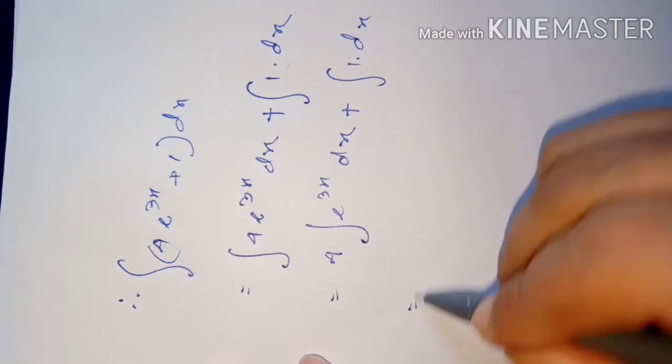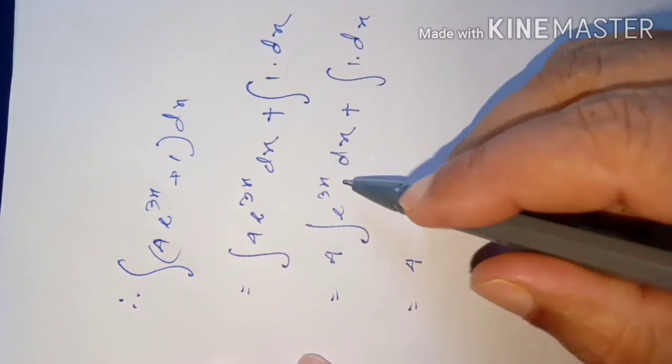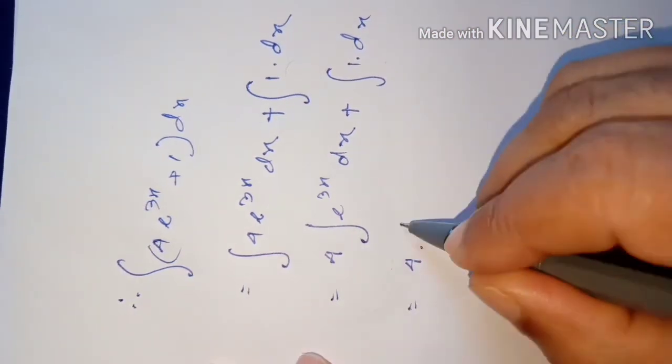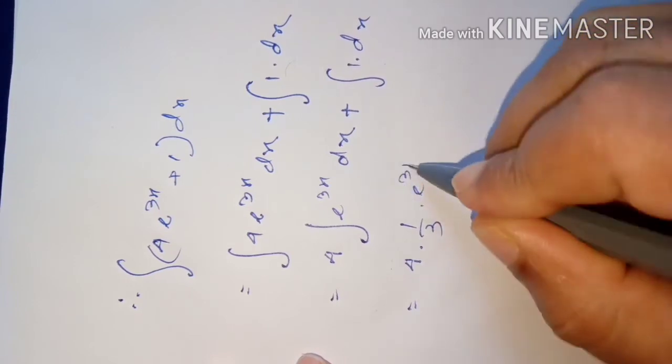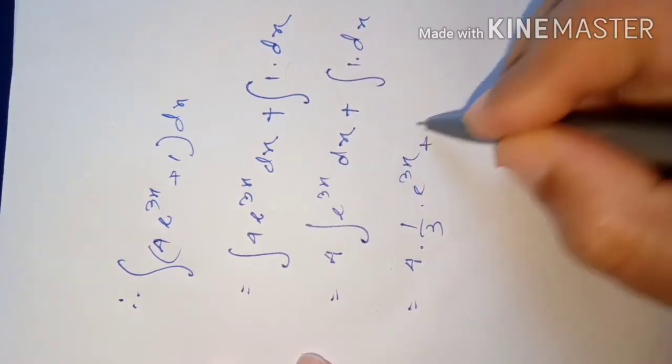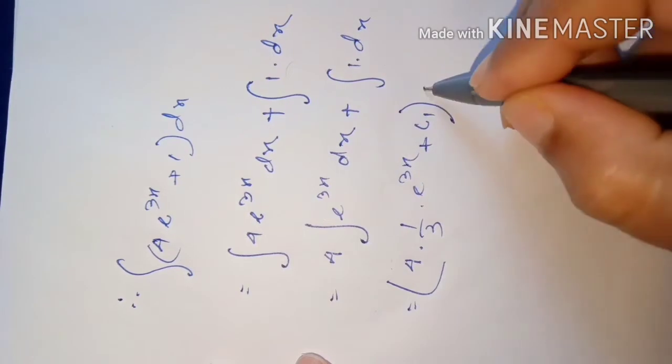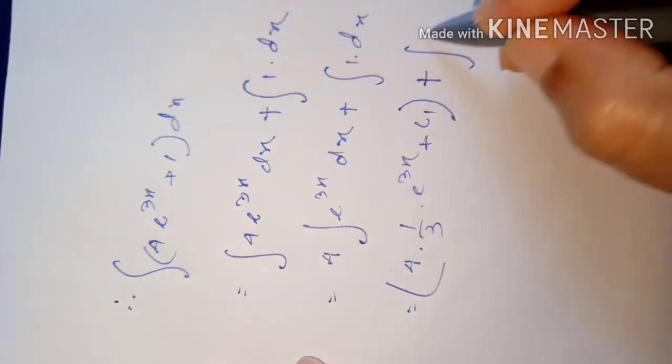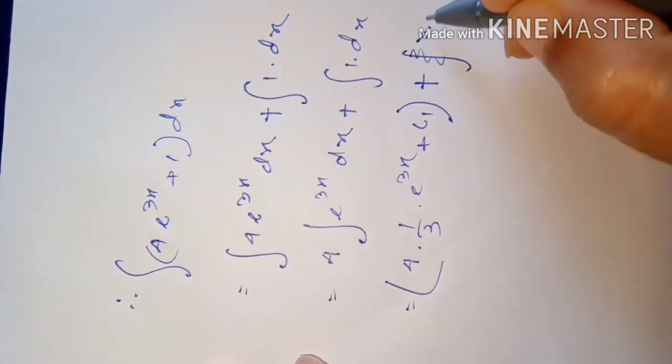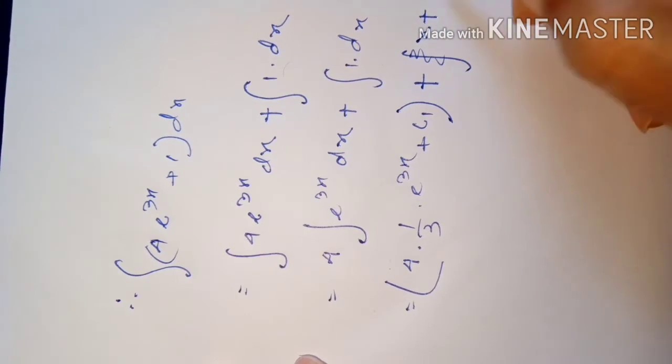Then it will be 4 by, as you know, the antiderivative of this one will be 1 by 3 into e to the power of 3x, and there will be a constant, say c1 for this, plus the antiderivative of this one is also x plus its constant, say c2.